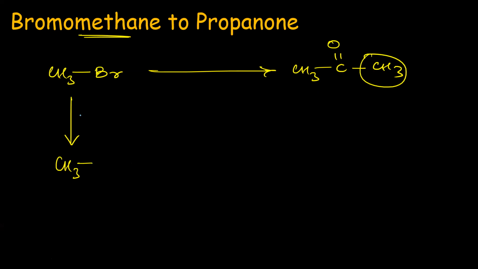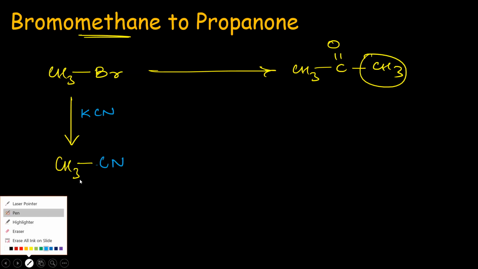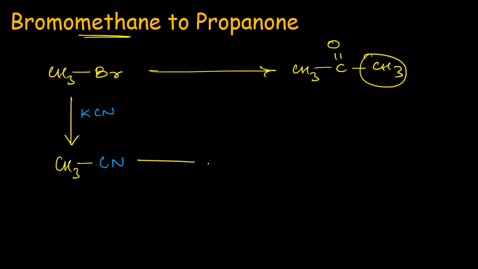We have here, let us say, KCN. Now this CH3 is there, and we are getting CN from KCN, and after that we have CH3MgBr. Now this CH3MgBr will attack on this carbon atom, and you will be forming what?